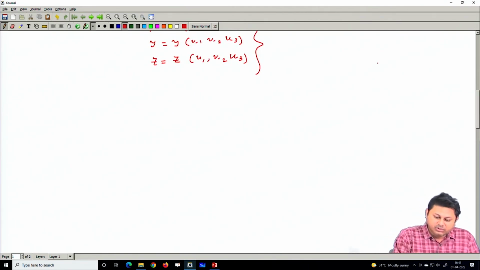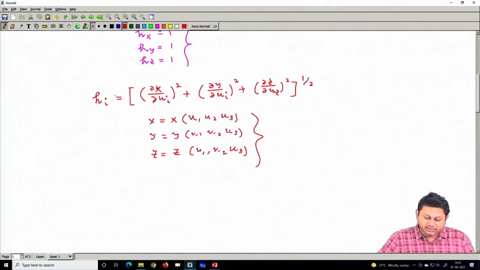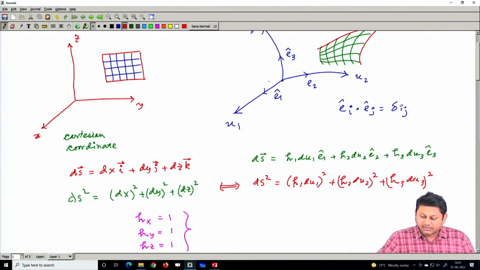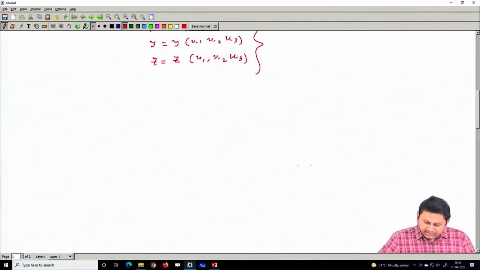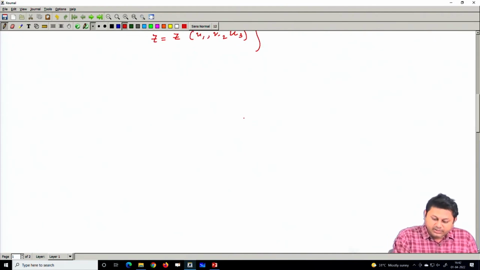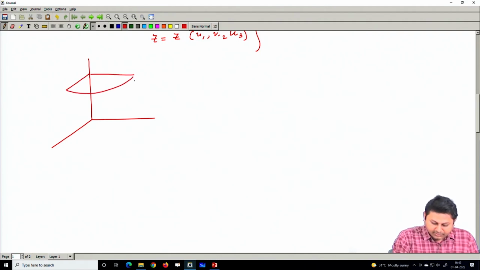For example, I already compared the Cartesian coordinate system with the generalized curvilinear coordinate system, and from this length square expression I can find the values of h1, h2, h3. In a similar way, for the cylindrical coordinate system, we have a system like this.